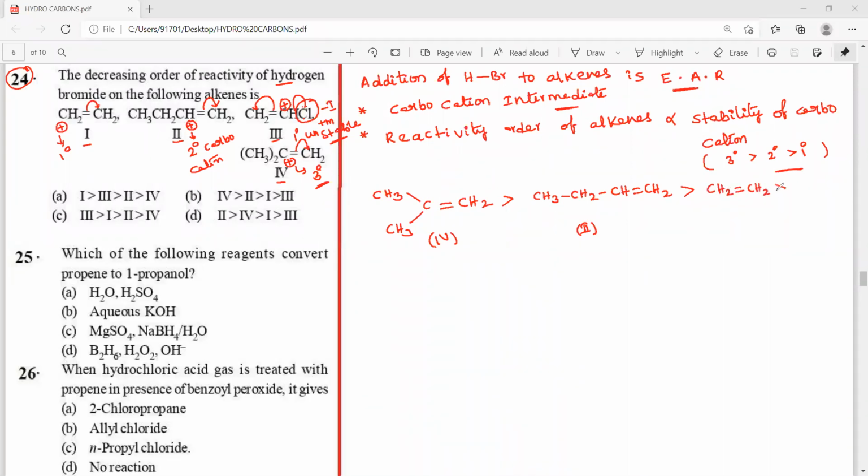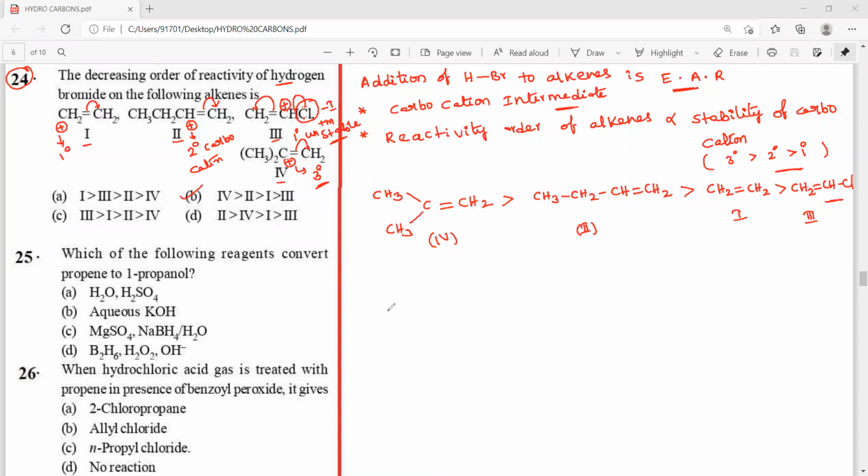The least reactive is vinyl chloride, CH2 double bond CH bond Cl, the third one. Okay, like the option, students, 4, 2, 1, 3, B option is correct.